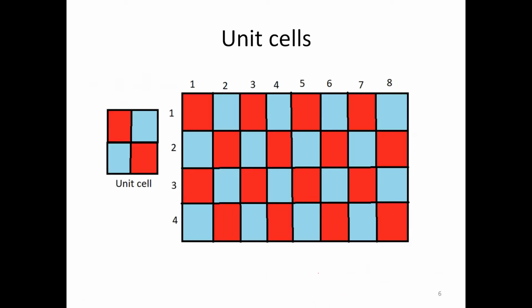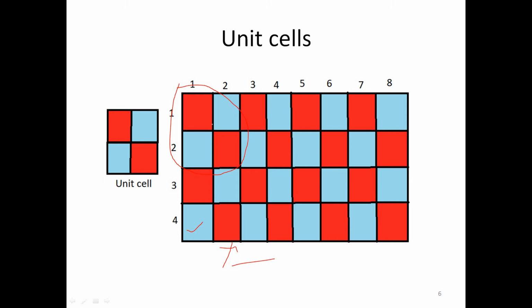Now see this figure. Suppose we need to fix some tiles over a floor. We have two color tiles, one is blue, another is red. If we know the structure of this small unit, you will see that the whole structure is nothing but repetition of this unit.